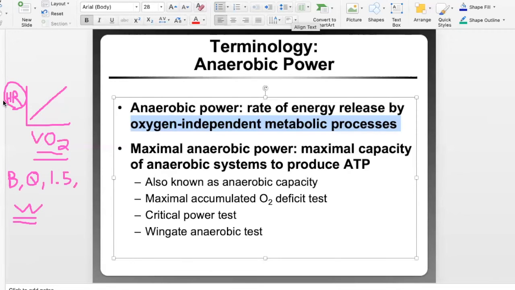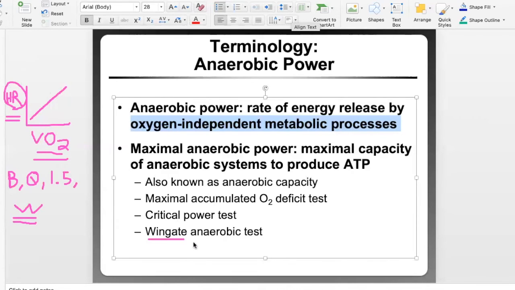And the heart rate response can be either graphed or can represent the VO2 response. So oftentimes heart rate is going to be the dependent variable in each of these particular assessments.